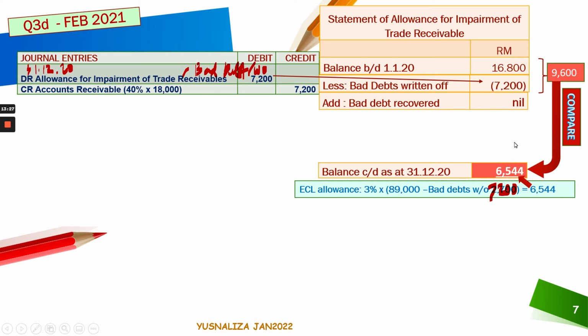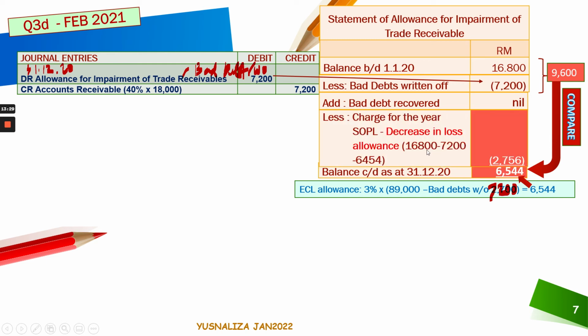So you will see that there was a decrease, because 9,600 went down to 6,544. So this was a decrease in loss allowance. There was a reduction in loss allowance of 2,756. The reduction in loss allowance has to be shown in the other income section of your SOPL. So that has to be shown in the statement of profit or loss for the end of the year.